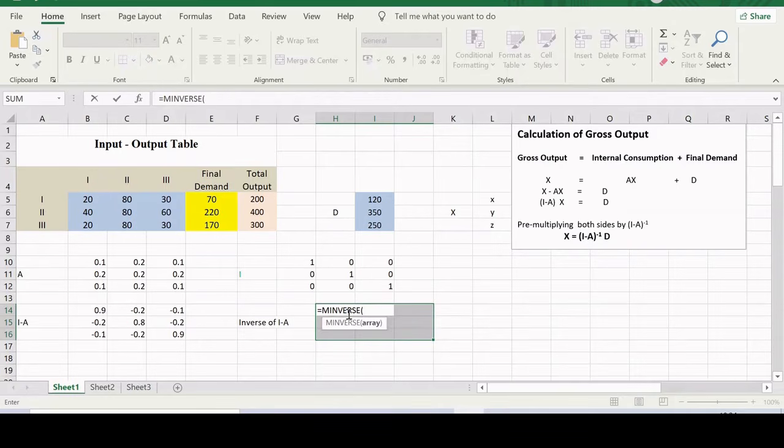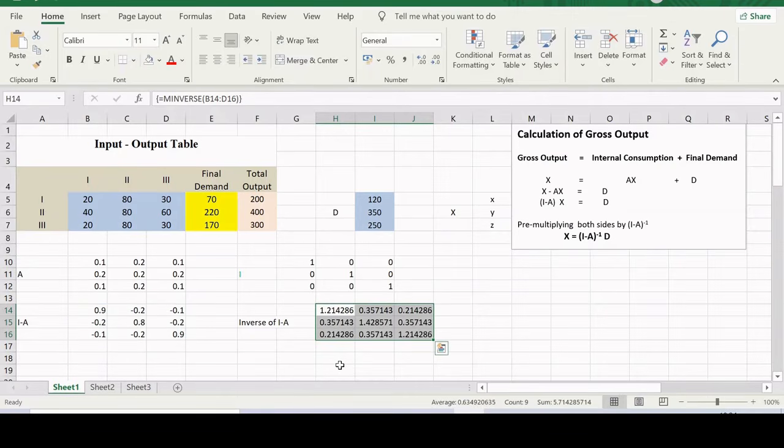Open the bracket and now enter the array for which we want to find the inverse. So the inverse of this Leontief matrix needs to be calculated. I have entered this Leontief matrix, and to get the result, we need to press Ctrl Shift and Enter simultaneously. So I got the inverse of I minus A.